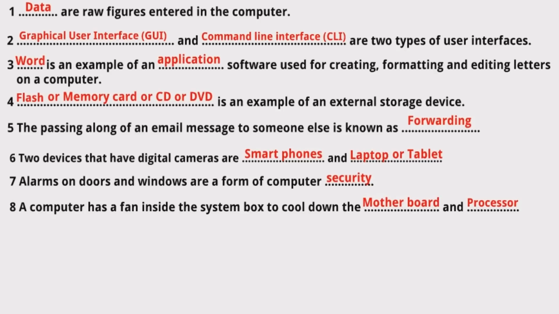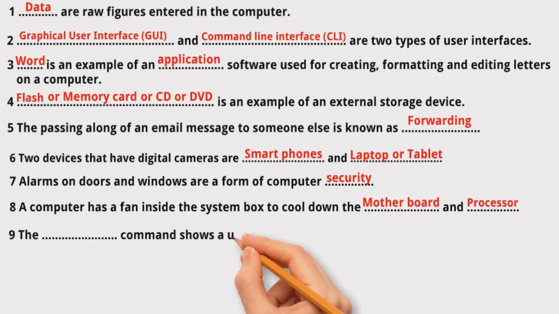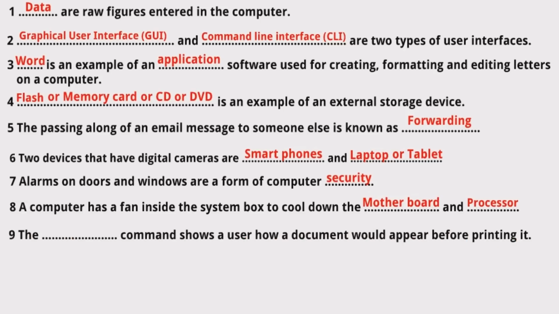We come to question 9. Question 9 is: the dash command shows a user how a document would appear before printing it. Okay, so when you have typed or made a document, what will help you to see how the document will look after printing?